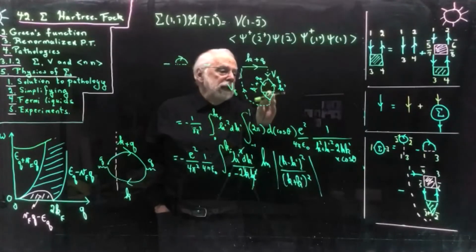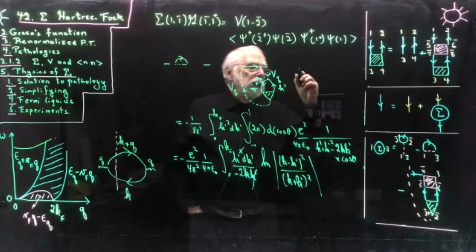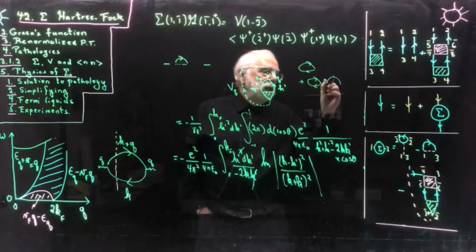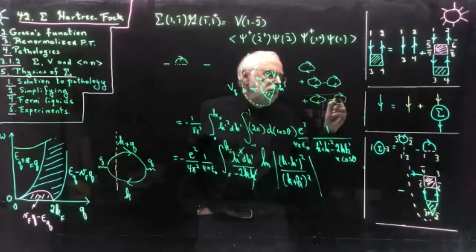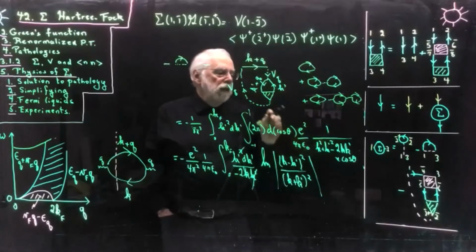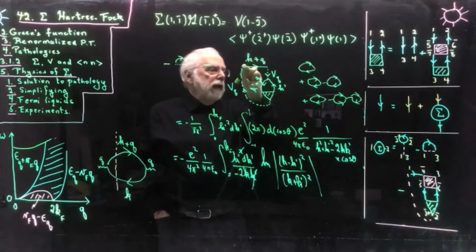Okay, and this, what is this? This piece here is just this plus this plus this. Okay, this is the sum over all these diagrams. And I have an extra line here, okay?